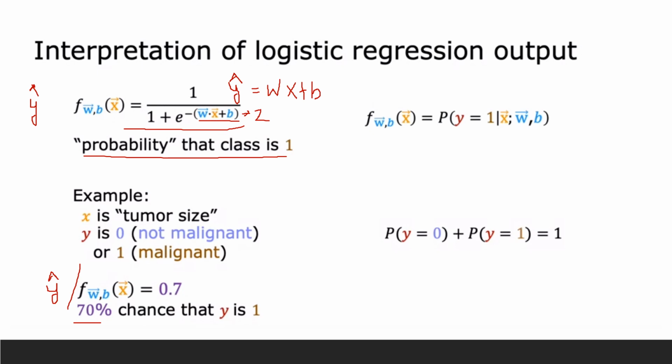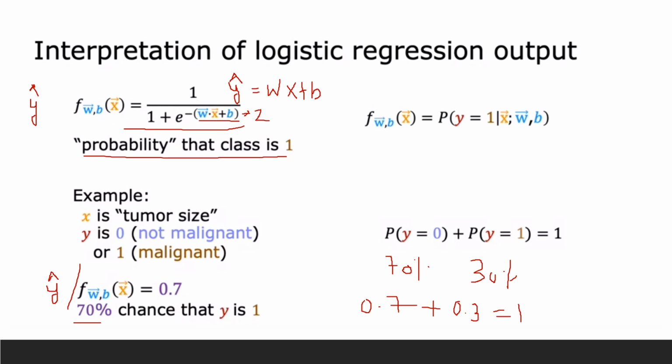So if there is a 70% chance that the tumor is malignant, there will be a 30% chance that the tumor is non-malignant. This was 0.7, so this will be 0.3, and 0.7 plus 0.3 equals 1.